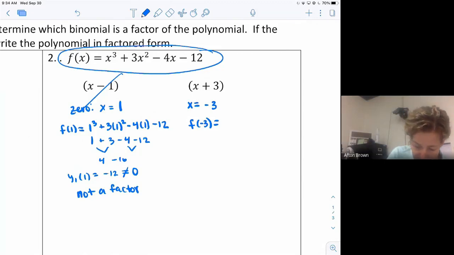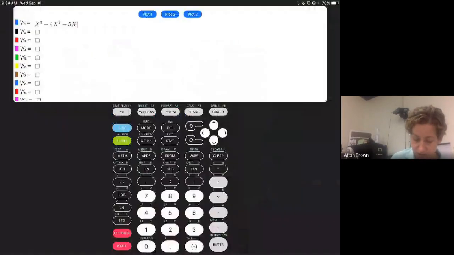If you're like me, I'd have to write this equation down before I go to my calculator. So x cubed plus 3x squared minus 4x minus 12. Go into your y equals and enter x cubed plus 3x squared minus 4x and a minus 12.